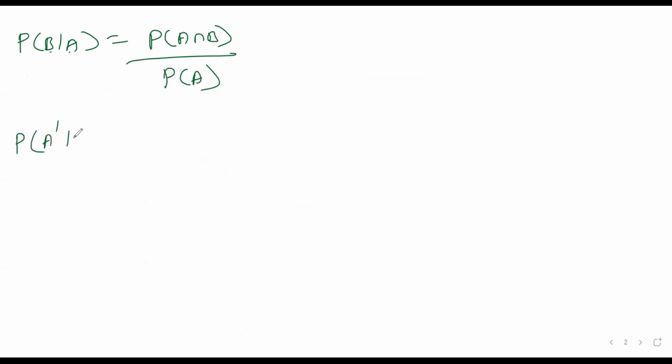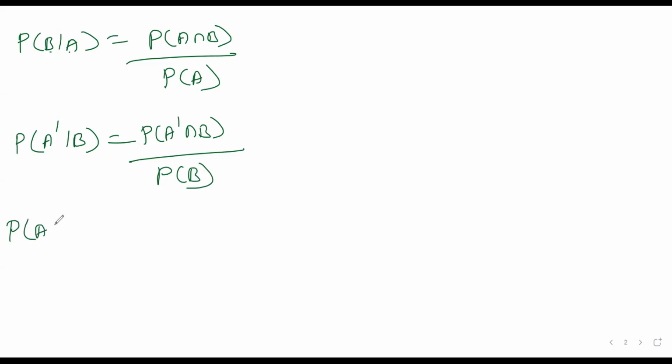Then if I say P of A complement upon B is P of A complement intersection B upon P of B. P of A complement by B complement will be P of A complement intersection B complement upon P of B complement.